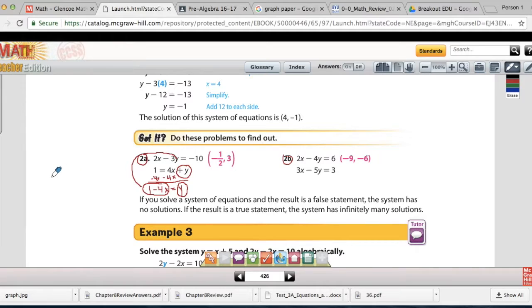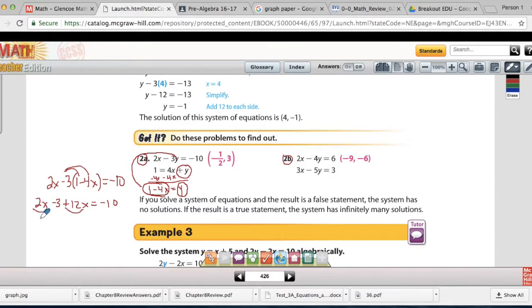So this is how it looks. 2x minus 3y, y is 1 minus 4x, and then that equals negative 10. I need to distribute the negative 3, so I get 2x minus 3 plus 12x equals negative 10.